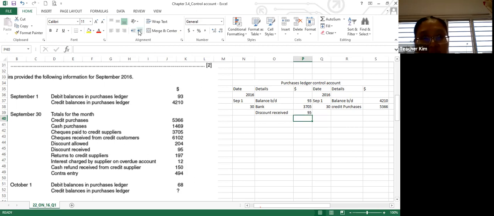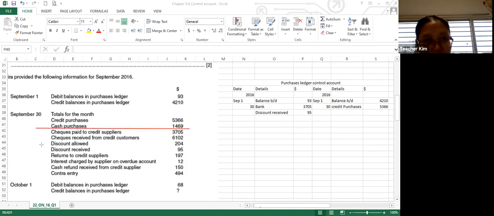One more thing that I observed, which easily happens in the exam, is that students read the amount wrongly. They know the account, debit and credit, but they take the wrong amount because sometimes there are too many rows and you get confused. So I suggest that you sometimes use your ruler.